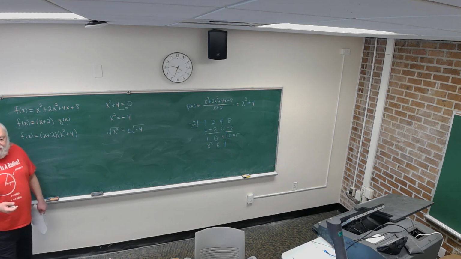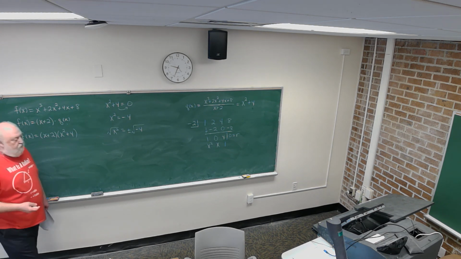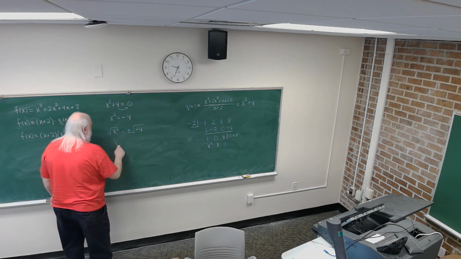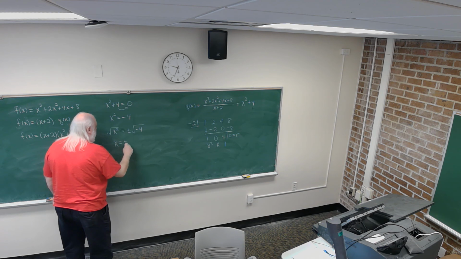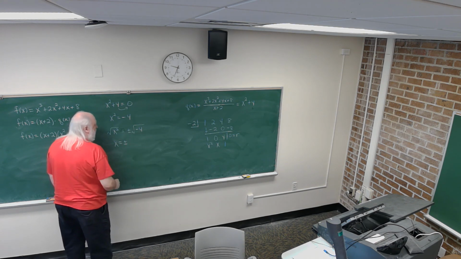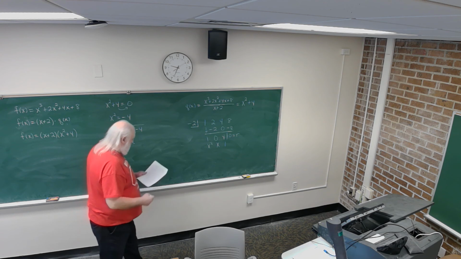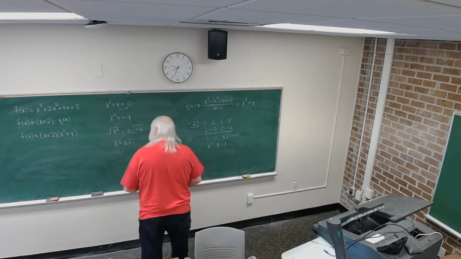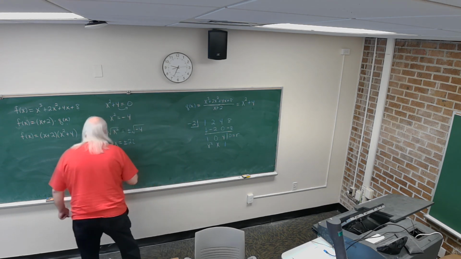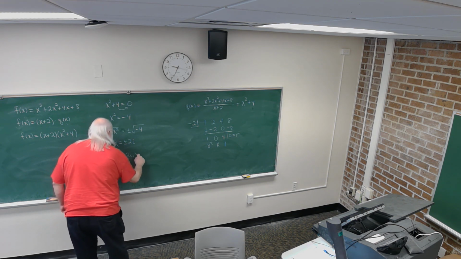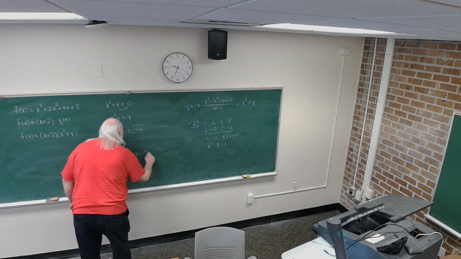We have x equals plus or minus the square root of minus 4. You know the square root of 4 is 2, so the square root of minus 4 is 2i.